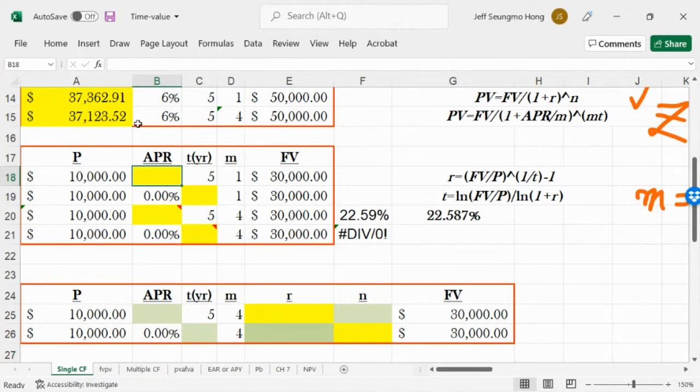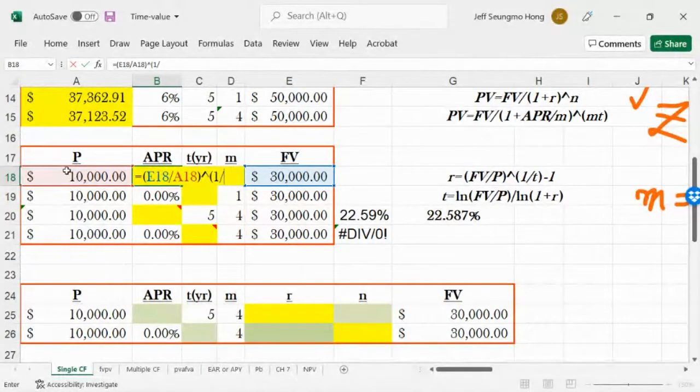Let's do this together, okay? You raise it to, I've been telling you, that's the universal machine language for raising something to a power, 1 over n. Now, our n is 5 years, and I would like to click it in.